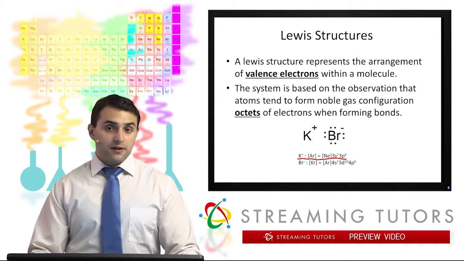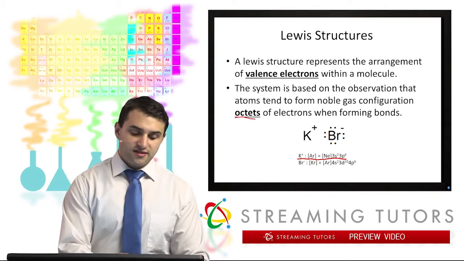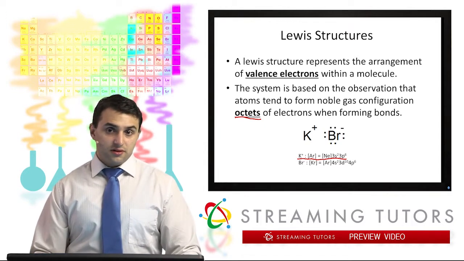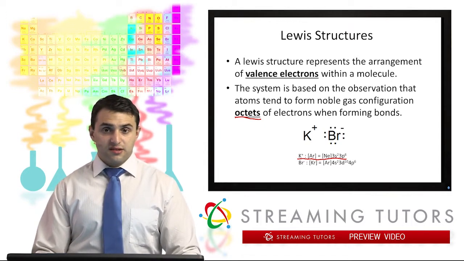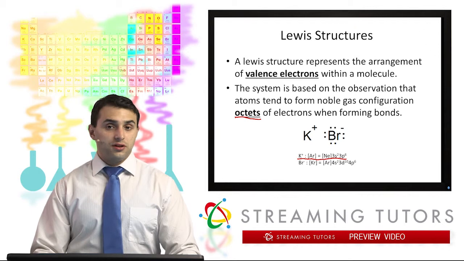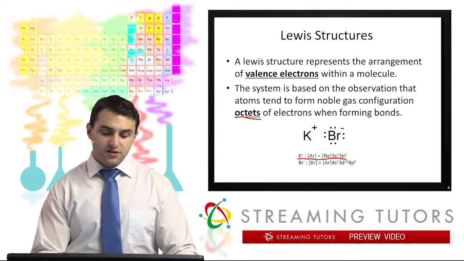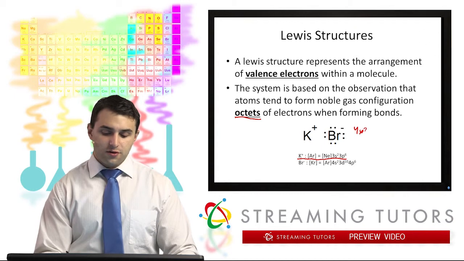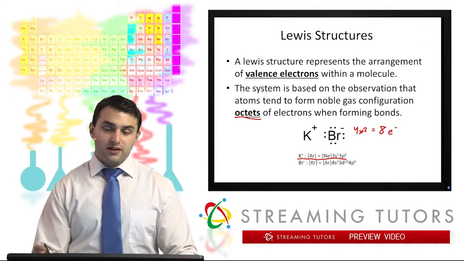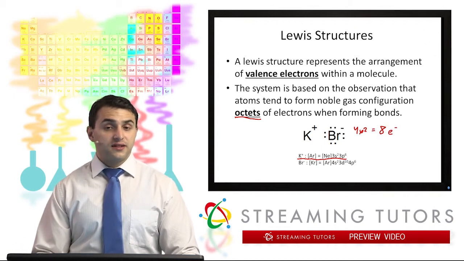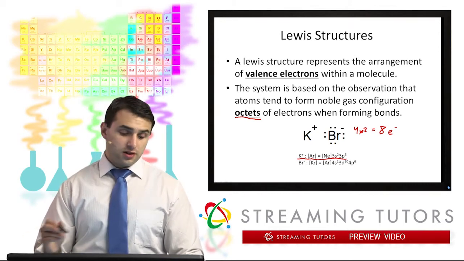One of the things we can do to make that happen is form what are called octets of electrons. The octet rule can be summarized like this: in general, in a Lewis structure, we want all the atoms to have 8 valence electrons on them. As we see in bromine, there are 4 lone pairs, and 4 times 2 is 8 electrons on the bromine, which gives it that full valence electron shell.